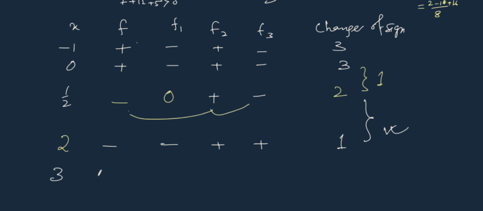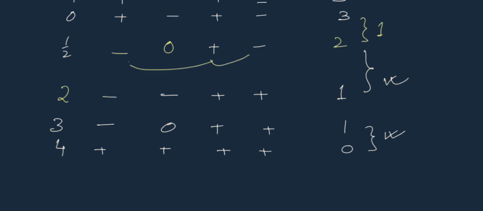At 3, the changes of sign will be like this: negative, 0, positive, positive. That is 1 change. So no root between 2 and 3. And at 4, positive, positive, positive, positive. So all are positive. So here is a difference 1. So between 3 and 4 we have a root.